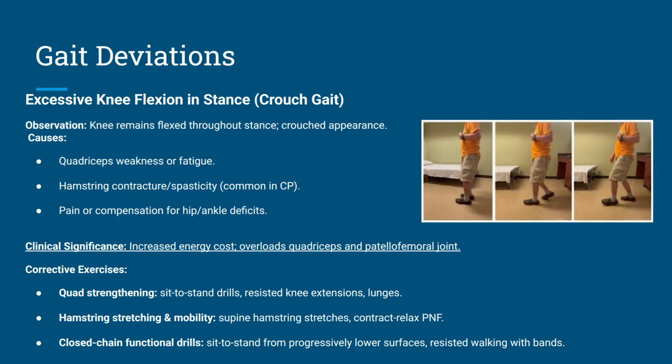You can work on closed chain functional drills, such as sit-to-stands, to progressively lower surface, resisted walking with bands, step-ups emphasizing terminal knee extension, and focusing on gait with upright posture cueing.